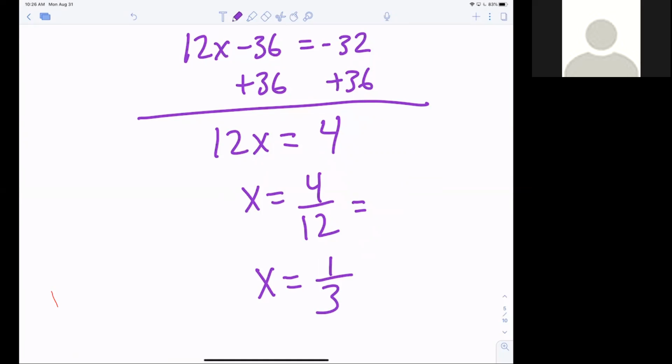Think of it as a fraction. Think of it as a fraction. All right. Yes, you can.